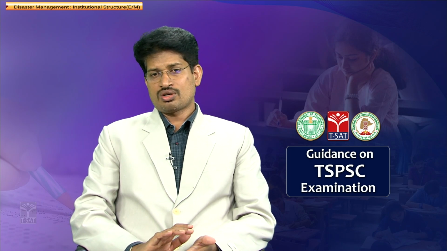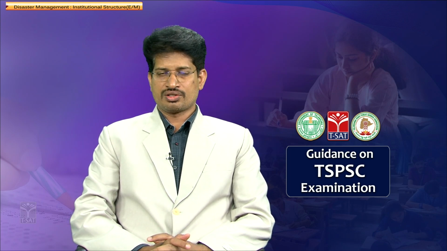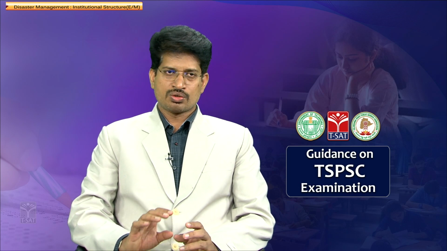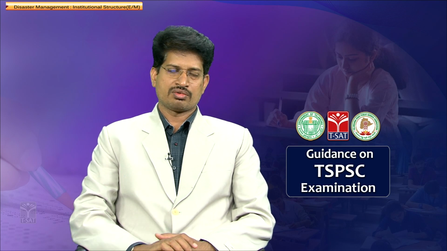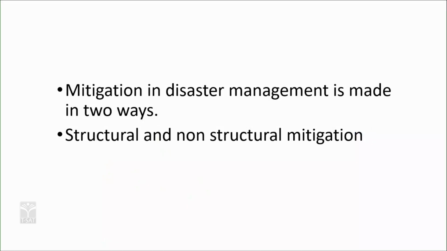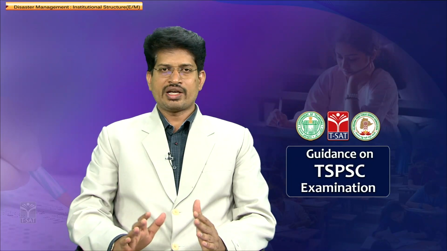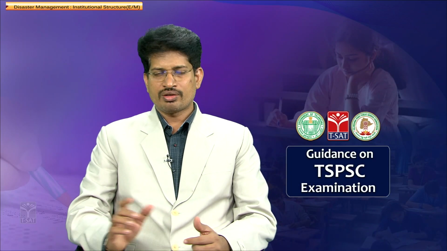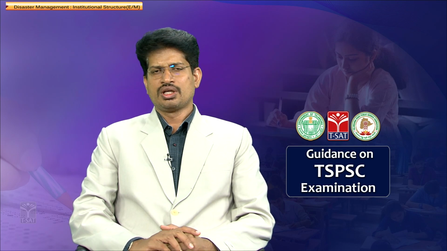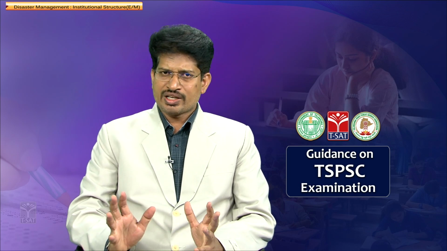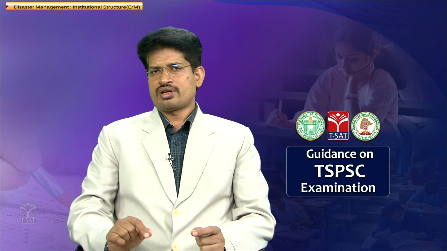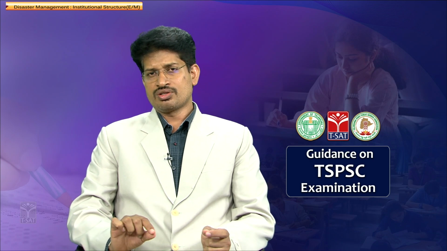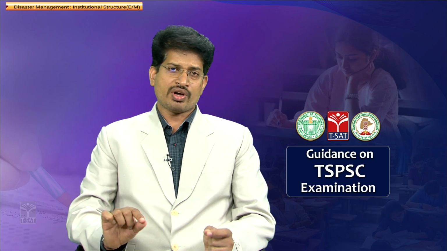And non-structural mitigation is a legislation. For example, certain rules and regulations that need to be followed are a non-structural mitigation. For example, during disaster, the kind of rights available to the citizens vary. Is a law being made? Here in this case, you do not find any kind of structure, but a law where the citizens of a country need to behave accordingly during a specific condition.